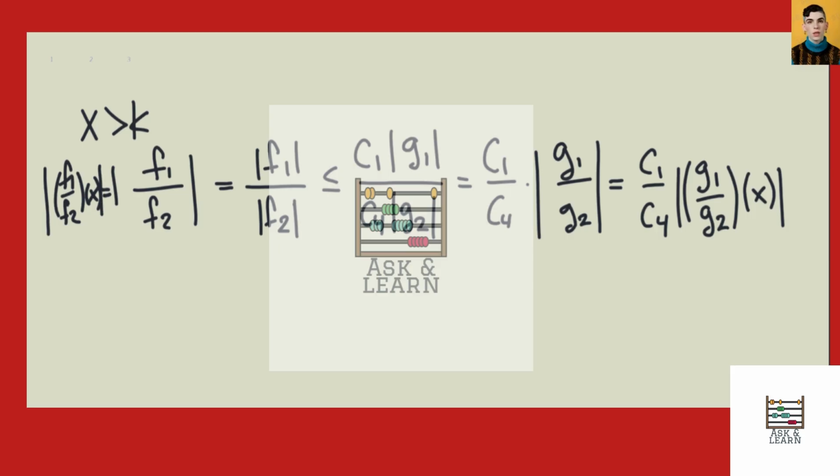Okay, and then we can make the same argument for our other inequalities. So if we get to the same spot here, but we also know that f1 over f2 must be greater than or equal to c2 times g1 over c3 times the absolute value of g2.